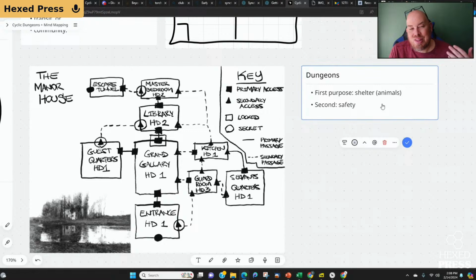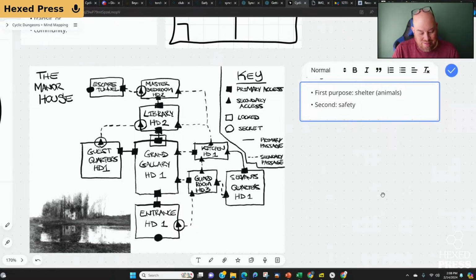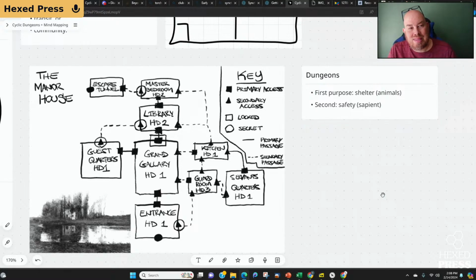I mean, they're not consciously doing that. But I think that second order, second purpose is, at least for sapient creatures, going to be, okay, we got this shelter, we got to make it safe, or we have it.